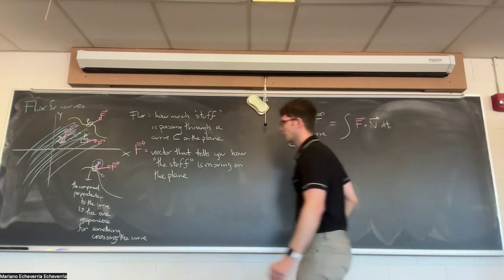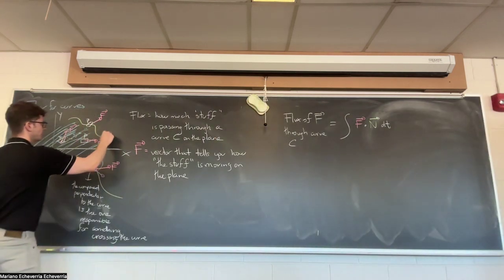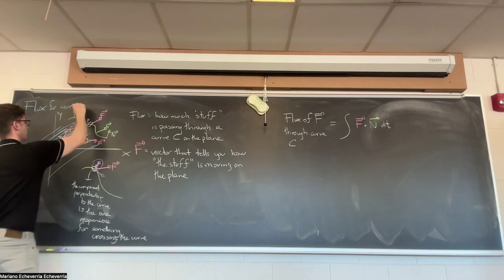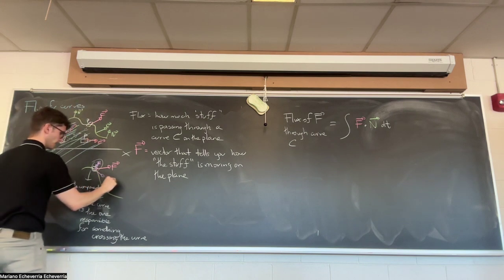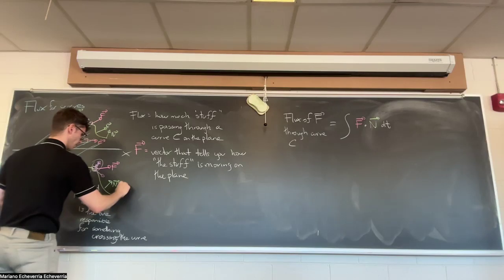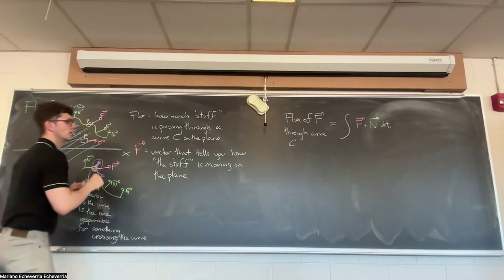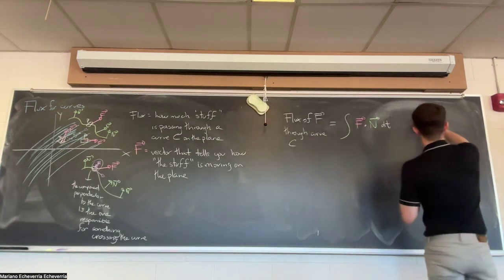So let me draw it for you in this picture. So here N is a vector perpendicular to the curve.